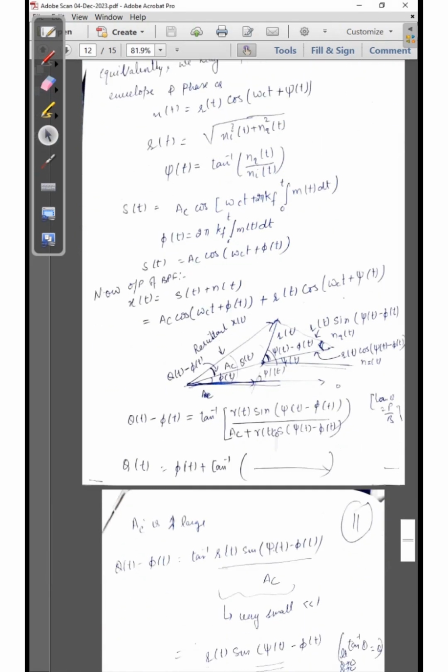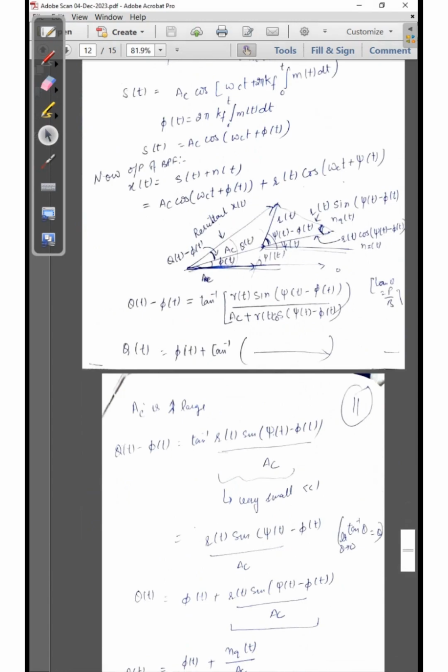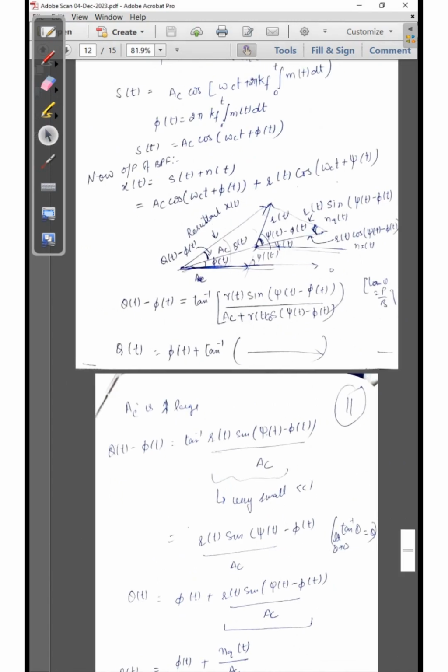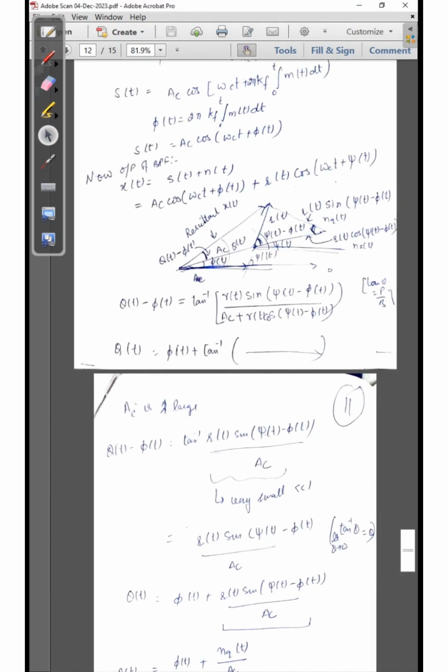Now my Ac is very large compared to the second factor. So I can write theta of t minus phi of t equals tan inverse of r of t sin(psi of t minus phi of t) by Ac. Now we know that this factor is less than 1, because Ac is very large.